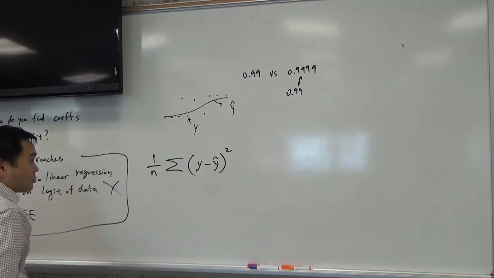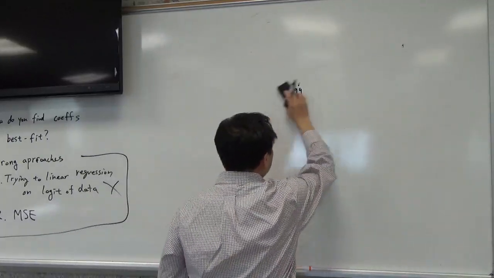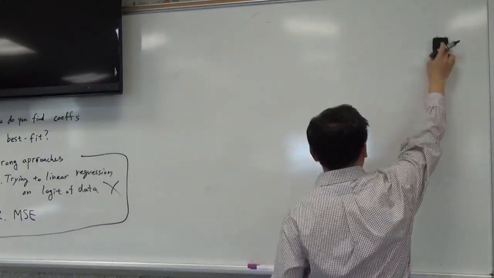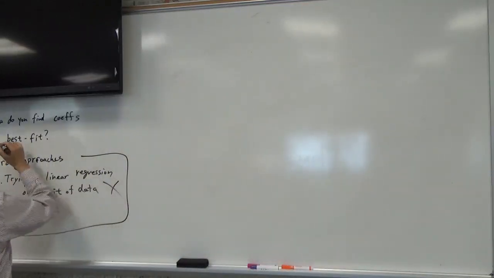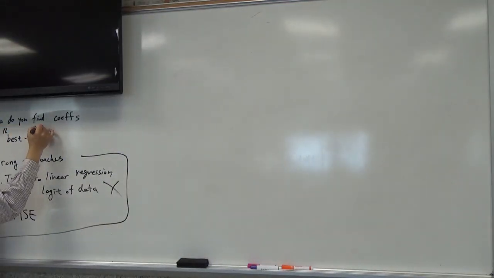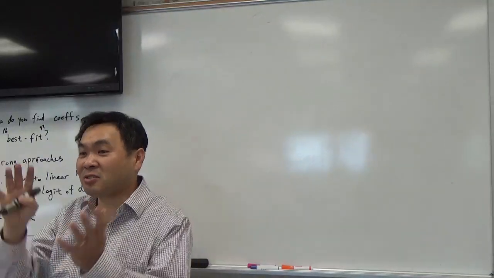So instead, what do we do? What do we try to minimize to find the best fit? In other words, what do you mean by this best fit? Because best fit depends on your measurement. What do you measure to say that this is the best fit?